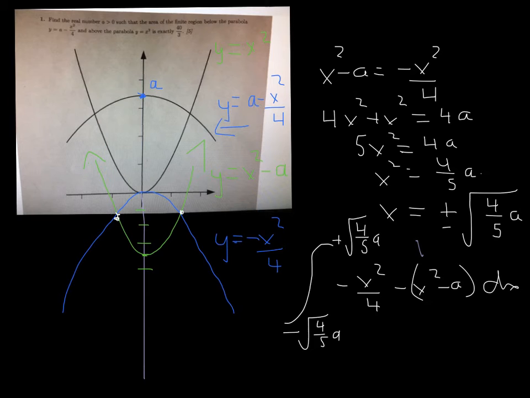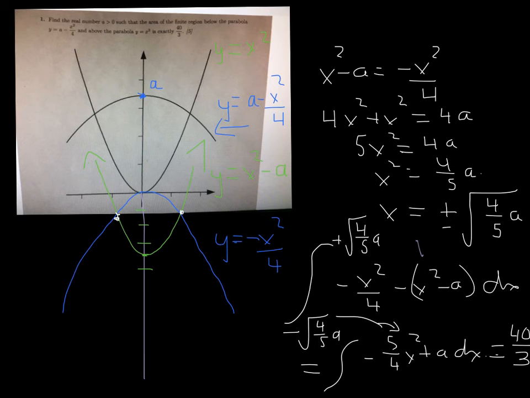And so if you simplify that, then you're going to end up with negative 5 over 4 x squared plus a, and that's what you need to integrate and then set equal to 40 over 3 in order to solve for a. But you're going to be substituting, don't forget, these values in for x in your integral. So the only unknown that you'll have is a.